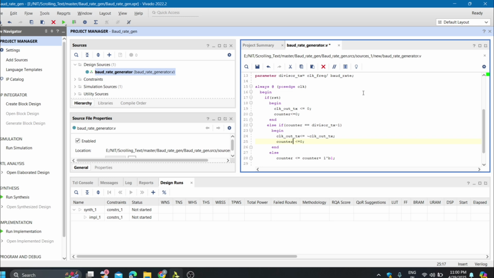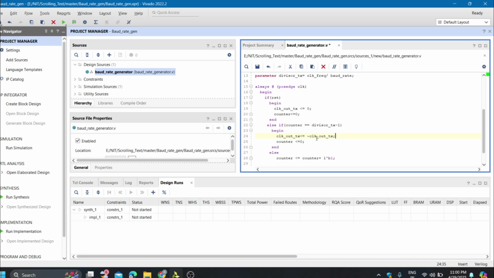Let's take initially clock out TX is 1, then after 10,000 counts that will toggle to 0, and for the next 10,000 counts it will remain 0, then after 10,000 counts it goes to 1 again. So we can easily predict that graph: with respect to the internal clock frequency, this clock out TX frequency is changing, because it is changing after 10,000 clock pulses.